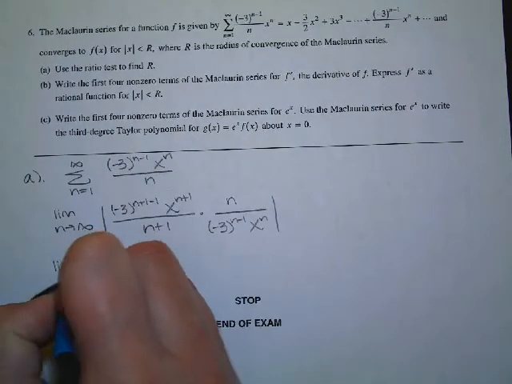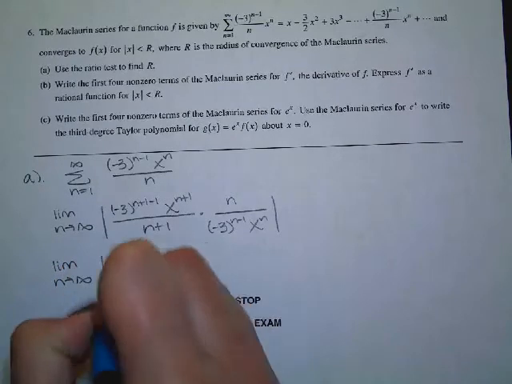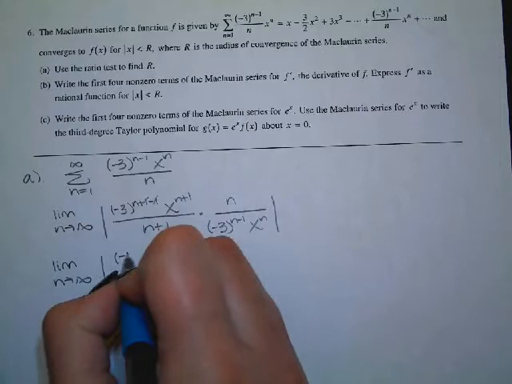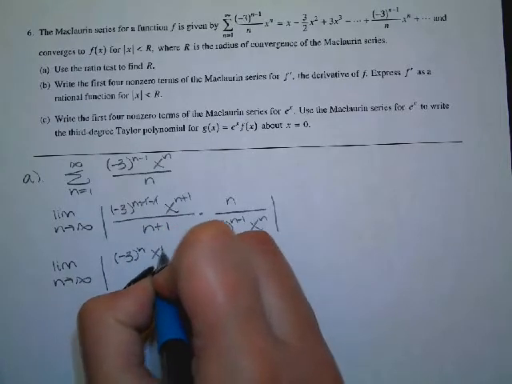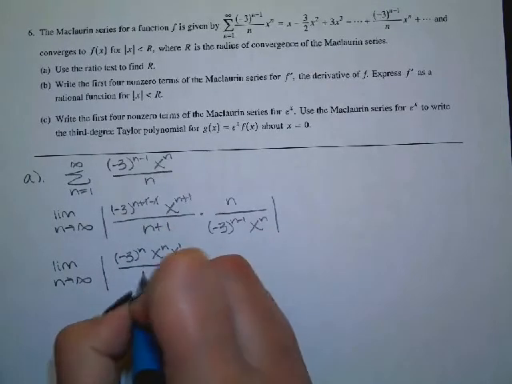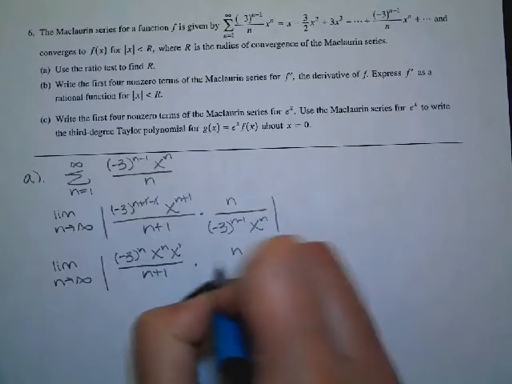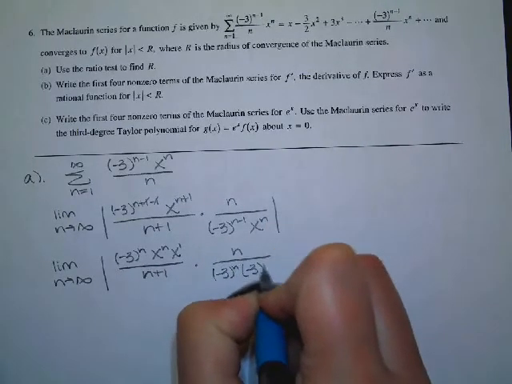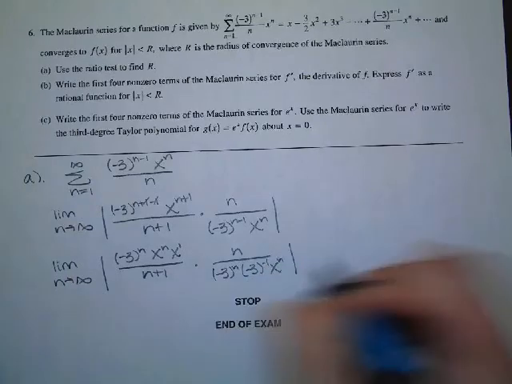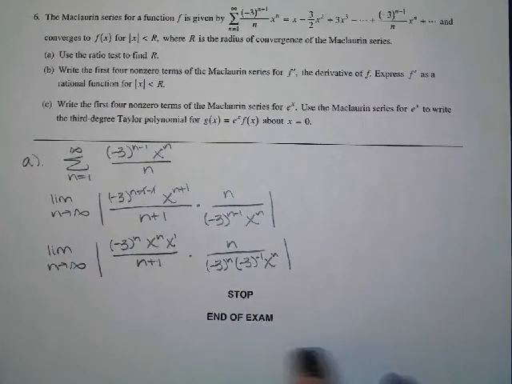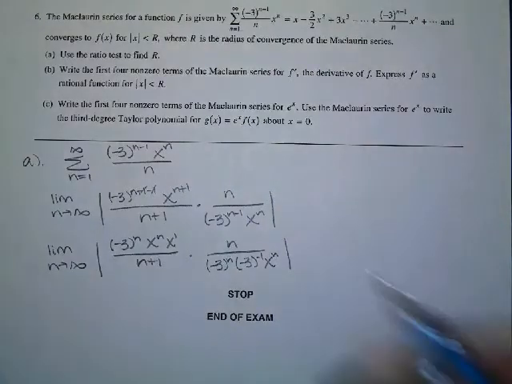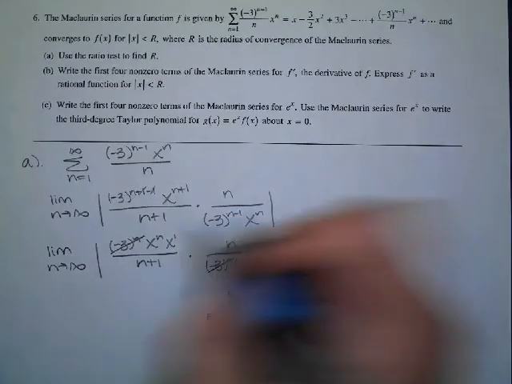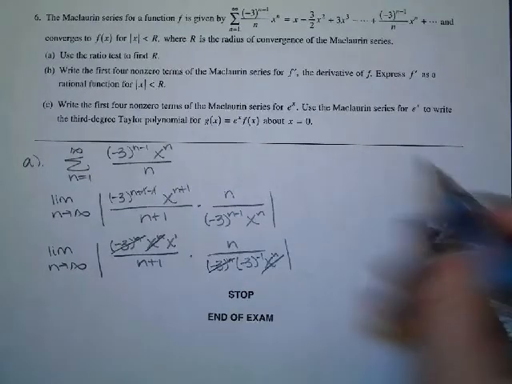So the limit as n goes to infinity of, those cancel, (-3)^n, x^n, x^1. (-3)^n, (-3)^(-1), x^n. So I'm just splitting everything apart so you guys can see how I'm about to simplify and reduce. So the (-3)^n's cancel, x^n.